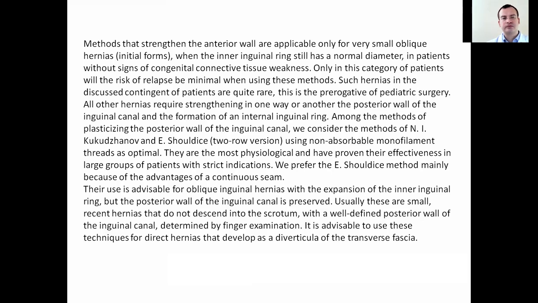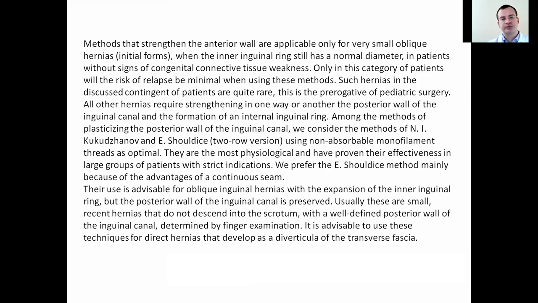The posterior wall of the inguinal canal and the formation of an internal inguinal ring. Among the methods of plasty of the posterior wall of the inguinal canal, we consider the methods of Kukudzhanov and Shouldice, two versions.